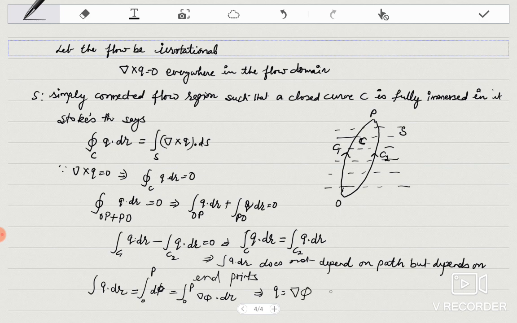So what is this phi? This phi is called the velocity potential function.